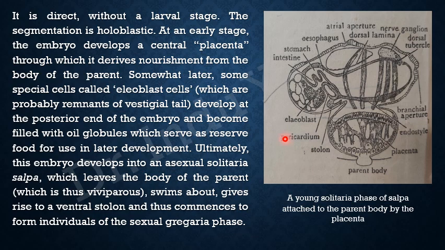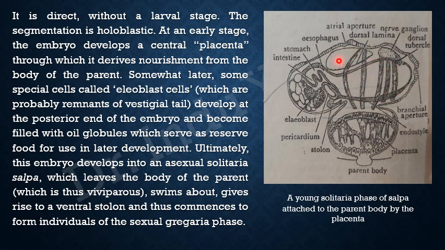Ultimately, this embryo develops into an asexual solitaria salpa. Here you can see this is an individual which is formed from the stolon. You can see the individual. There is the branchial aperture, and this is the posterior side, and this is the branchial cavity.